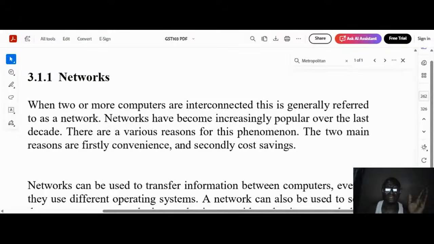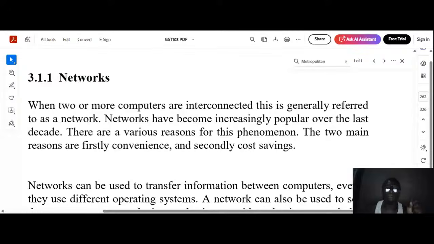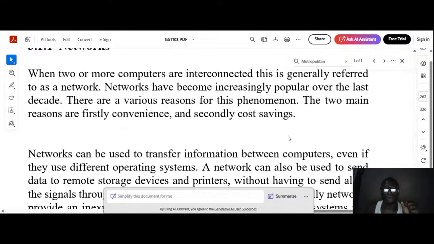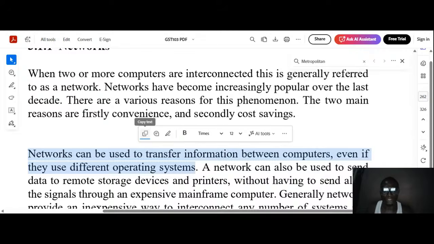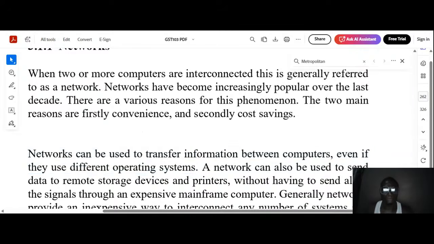You guys, this word is not a new word. You know it. But let's try to do something. Can you kindly check the meaning of networks from your own dictionary? What is the meaning of network from your own dictionary?